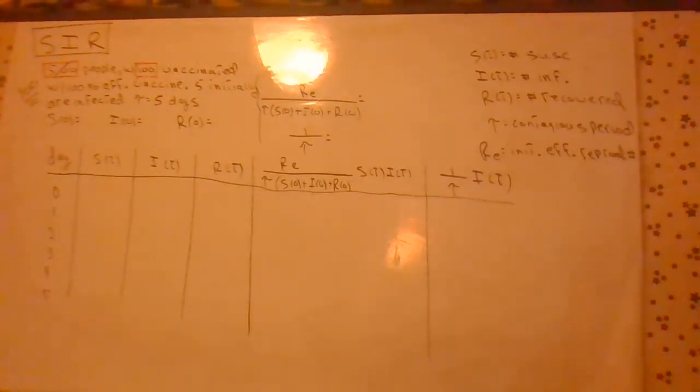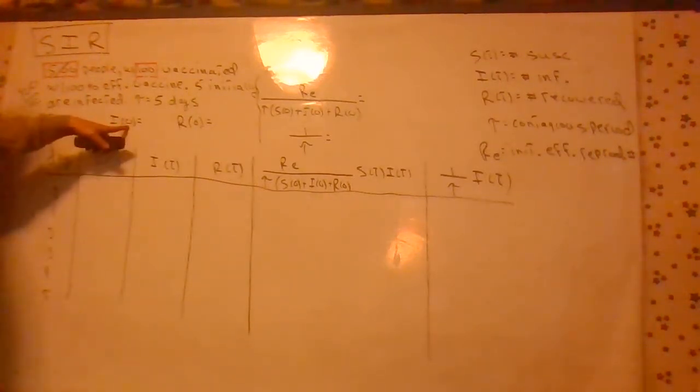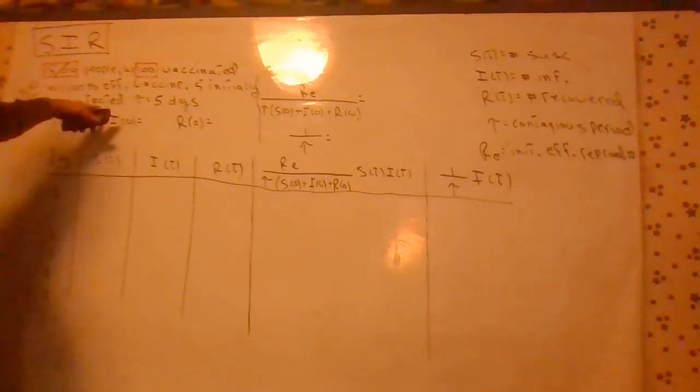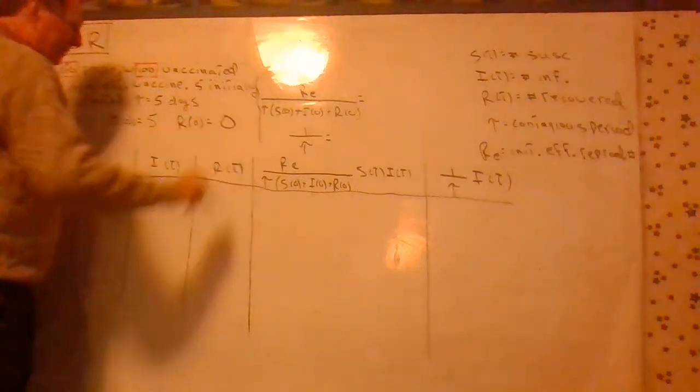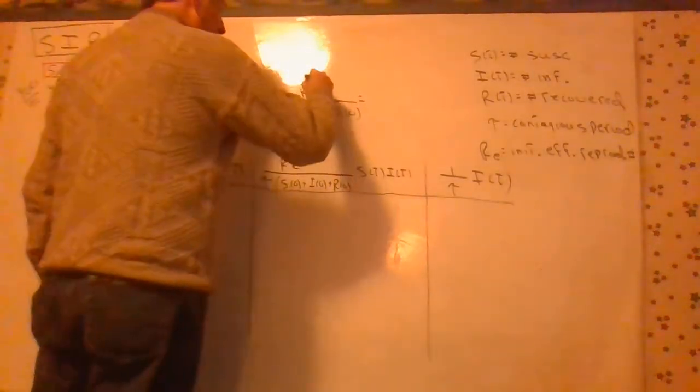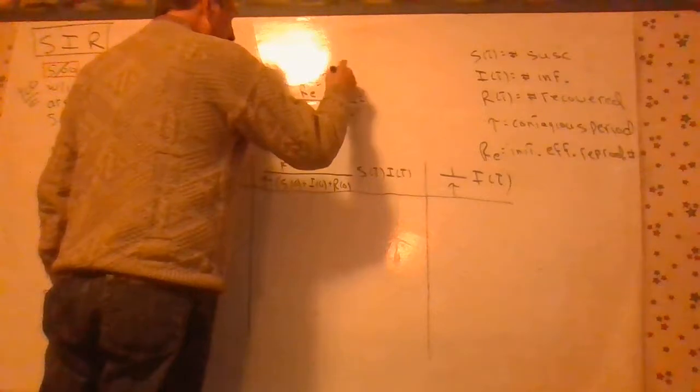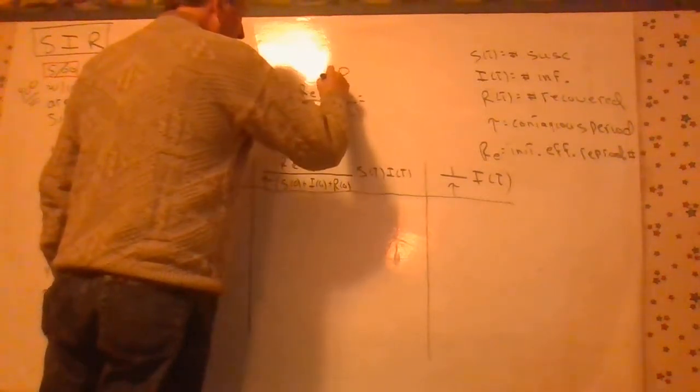So for the whole experiment, the number infected is 5 initially, and we'll assume there's 0 recovered. We're not going to worry about that. And I didn't give you the initial reproduction number. Let's assume the effective reproduction number is 2.0.